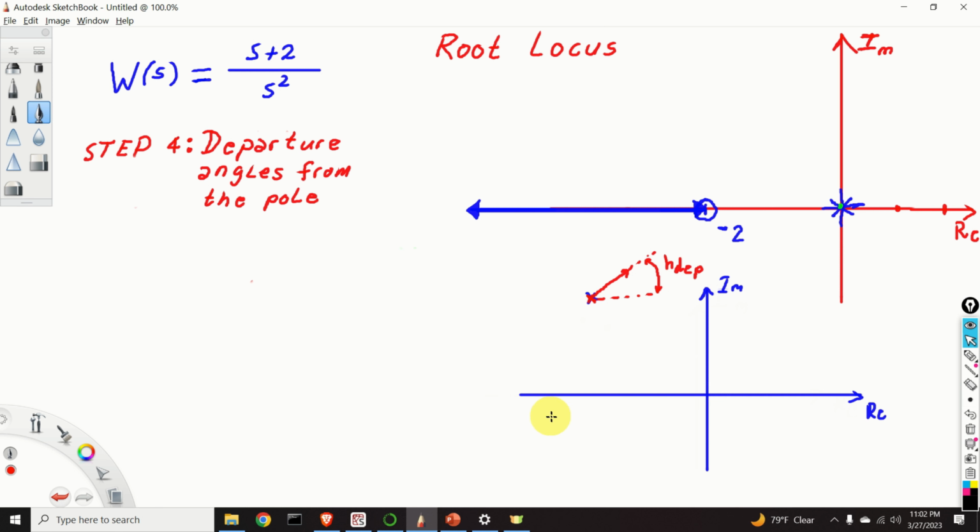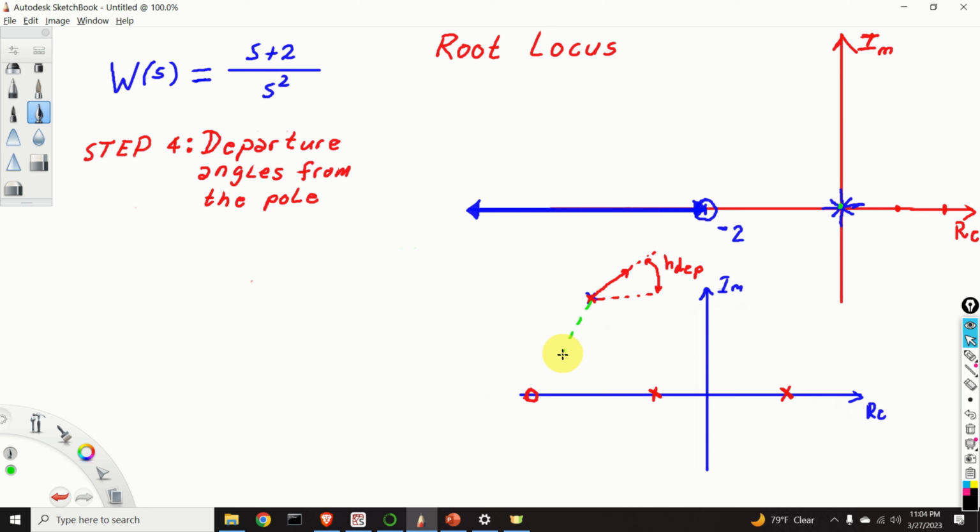Let us assume that we have several other poles and zeros on our graph. For example, let us assume that we have a zero over here, and let us assume that we have 2 poles and that one pole is located over here and that another pole is located over here. Let us introduce the following angles. And for that purpose, let's change the color.